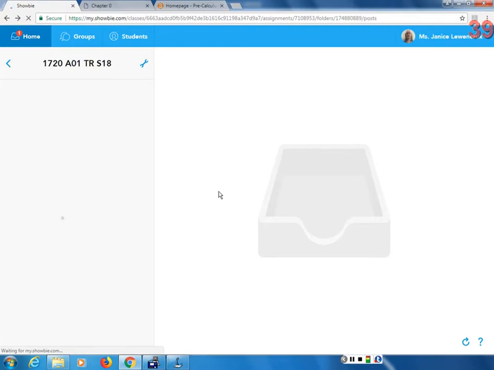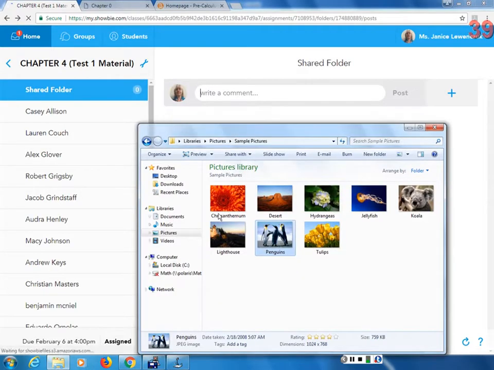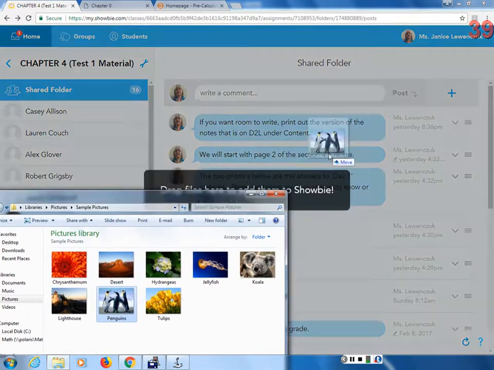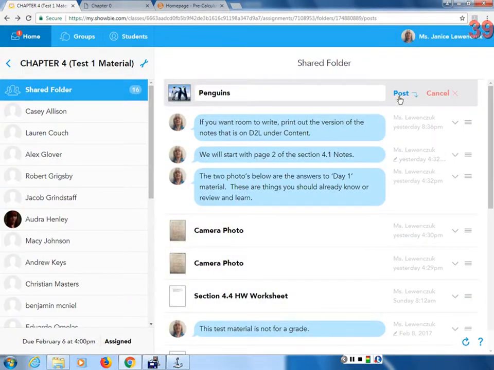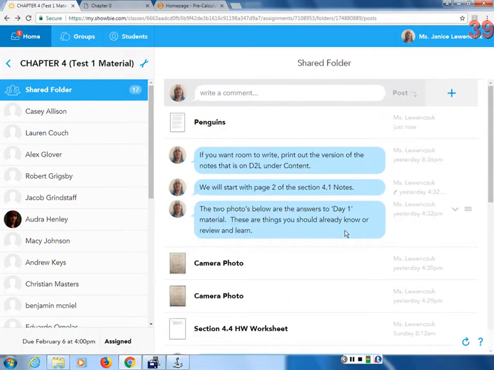Okay, penguin. So I'm showing you how you could add this penguin picture to your assignment. You just pull it over and hit post. And now you guys have a picture of penguins to enjoy.